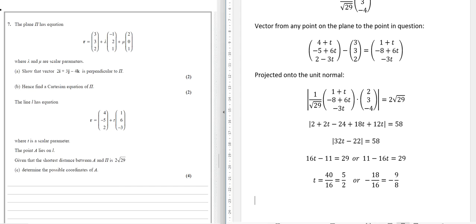And finally, the possible coordinates of A. I'm going to go back to where I had A defined. These are the coordinates of A. So I can think of that as vector OA.